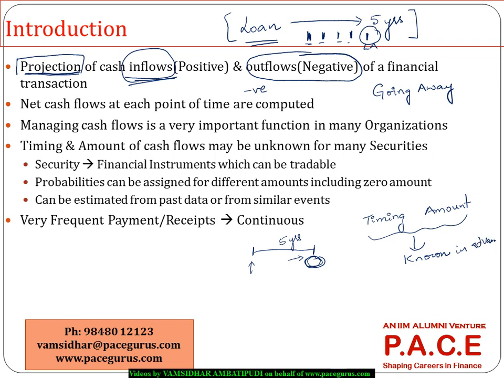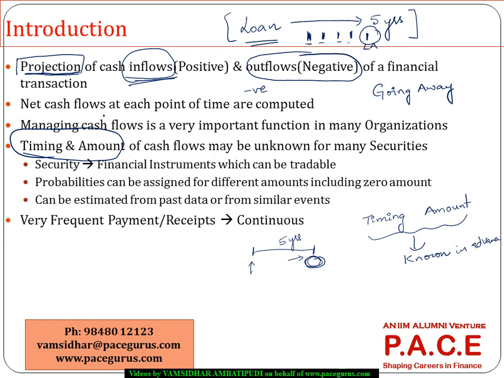Whereas in some cases, the timing and amounts are not known. That is where the whole complexity of the financial process lies. Both when I will receive and how much I will receive may not be known in advance.